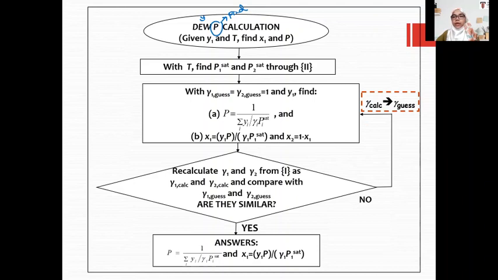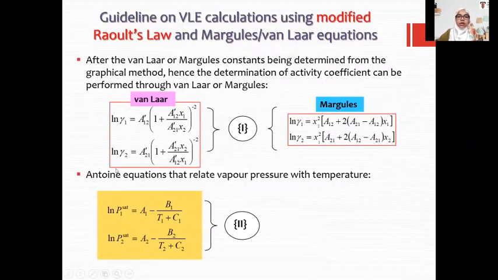However, since the x, or the liquid composition, is not given, we need to guess the value, and then after that we can proceed with the value of pressure and also the composition in liquid using the modified Raoult's law. And then we need to calculate the value of gamma from the Margules or Van Laar, because the composition in liquid is not given.